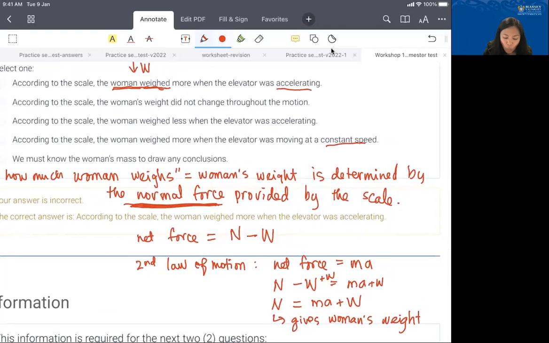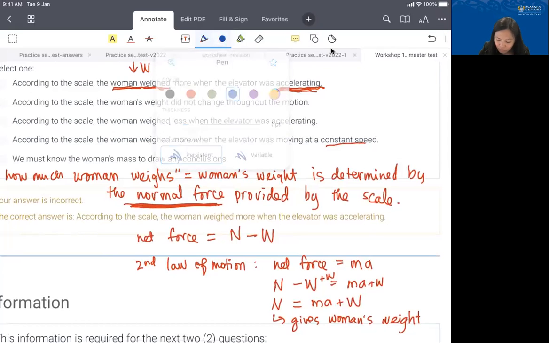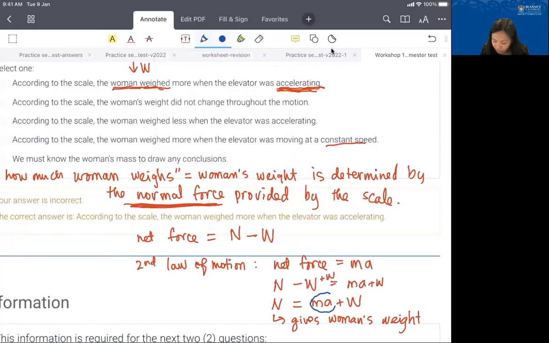So when the elevator is accelerating, the first choice here, the woman would weigh more, because then you have mass times acceleration plus weight. So you have this added term, which adds on to the actual weight of the woman.